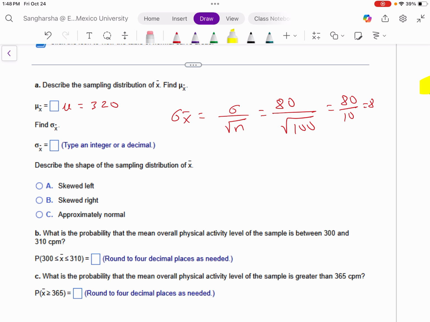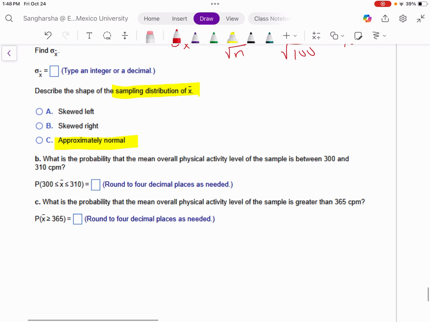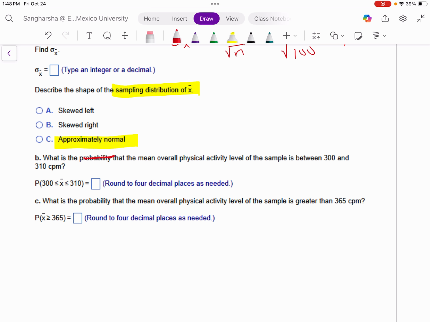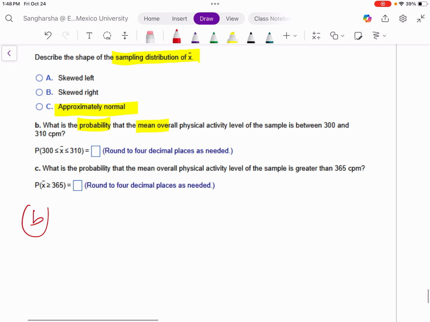The sampling distribution of x bar is approximately normal. In part B, we are asked to find the probability that our mean x bar is between 300 and 310.